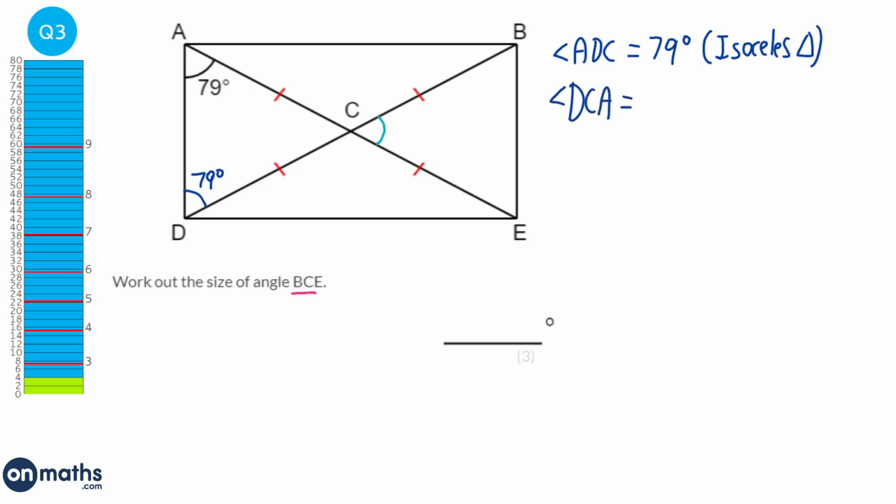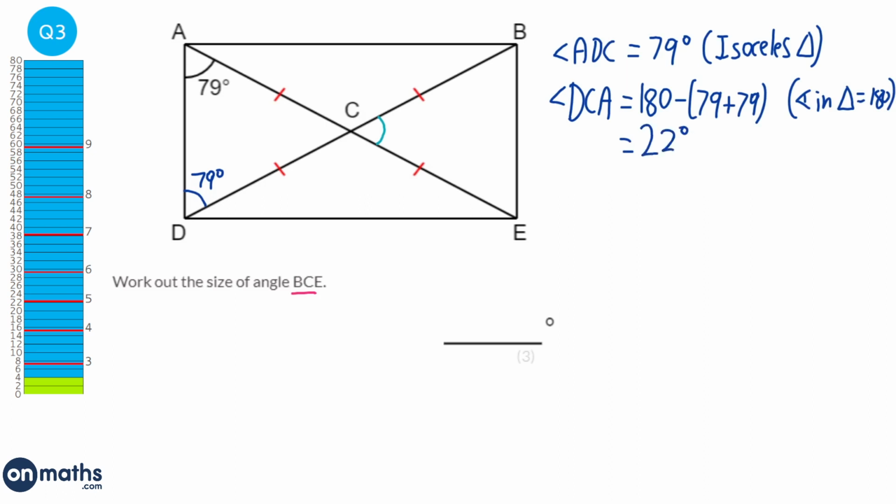And to work out what this angle is, we're going to take it away from 180. We're going to do 180, take away the two 79s we've just worked out. And the reason for that is angles in a triangle equal 180 degrees. Okay, so when we do that, we do 180, take away the 158, and we're left with 22 degrees.